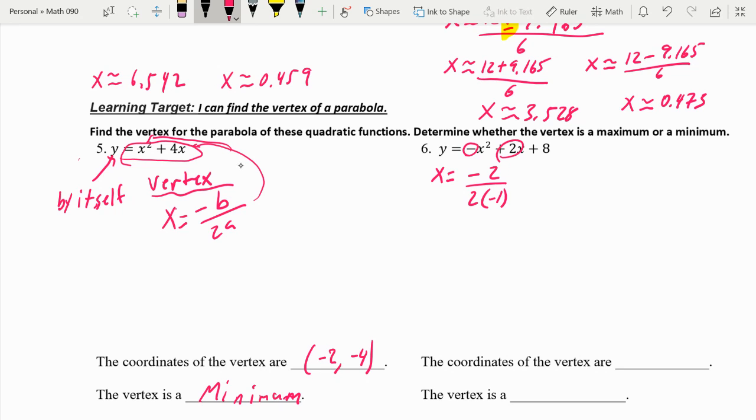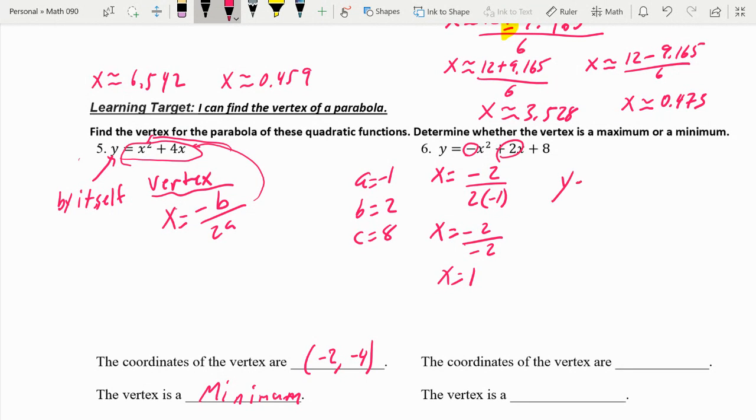Everybody okay with that? A is equal to negative 1, b is equal to positive 2. It doesn't matter what c is equal to, we're not going to use it. So x is equal to negative 2 over negative 2. X equals 1. So there's our x coordinate.